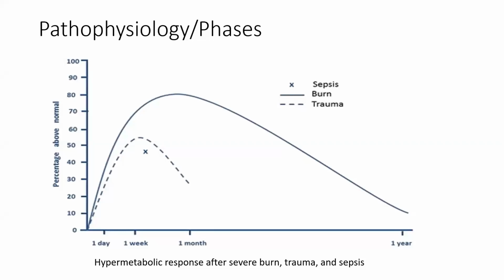For patients with burns, it can even take up to a full year for the patient's system to get back to normal, as opposed to sepsis, where the body is able to get back to normal as quickly as possible, even through trauma. So burns lead to a lot of hypermetabolic responses, as we can see compared to other injuries.